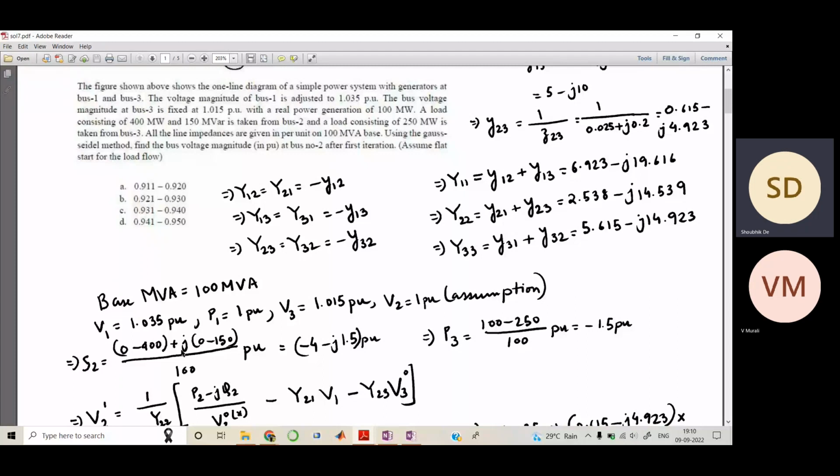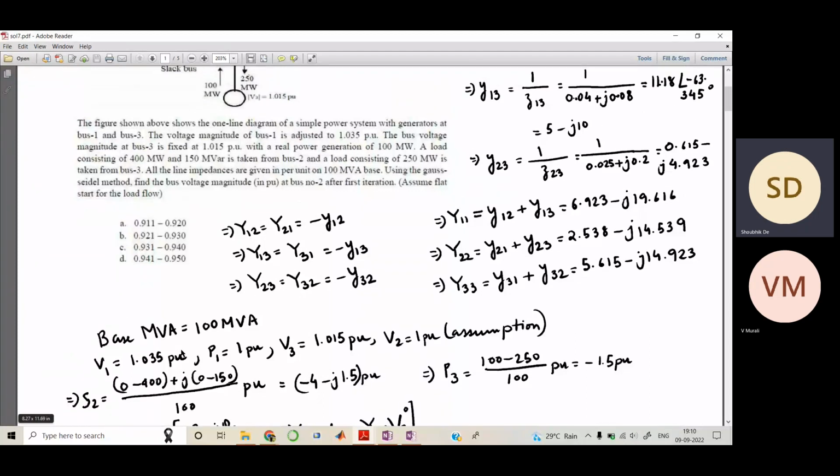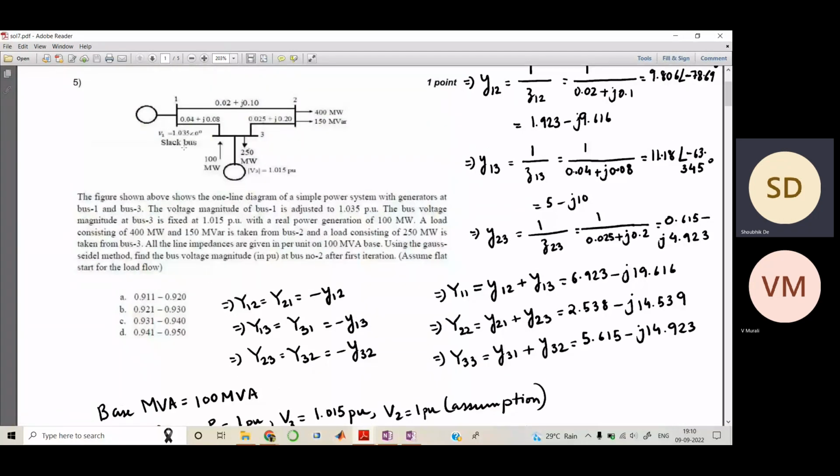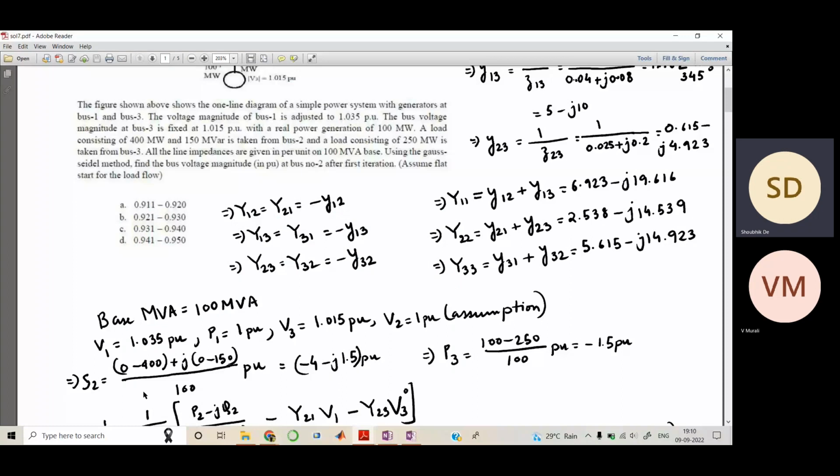Now we have to calculate the apparent power at bus number 2 in per unit. Just look at the diagram. Buses 1 and 3 are generating buses, and bus 2 is a load bus. For a generating bus, we take the apparent power to be positive, so the real power as well as the reactive power are positive.